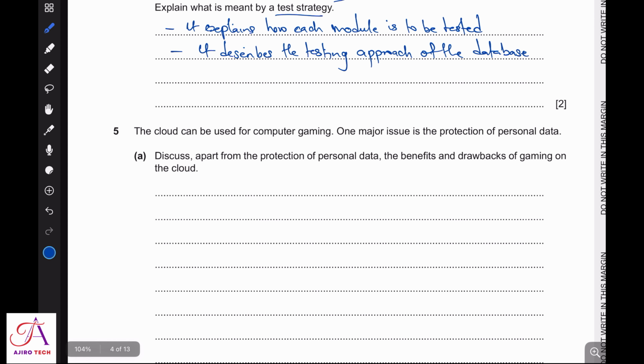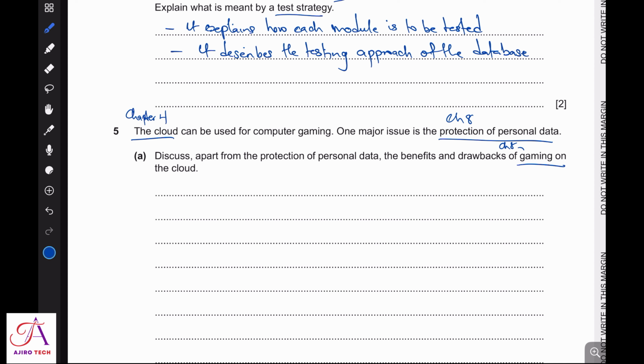Let's see how we can explain this. Cloud, chapter 4. Protection of data, chapter 8. Online gaming, chapter 8. Now let's put them together.